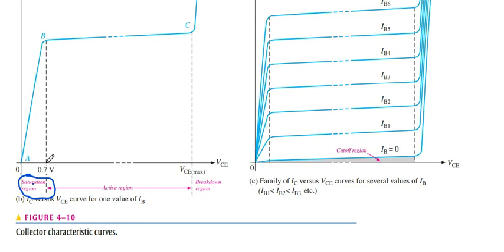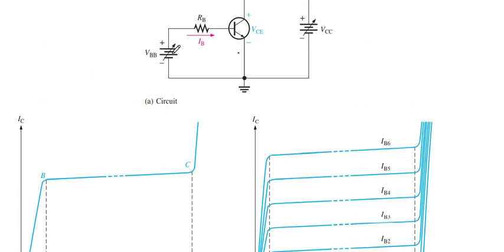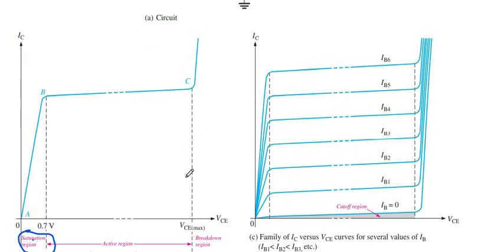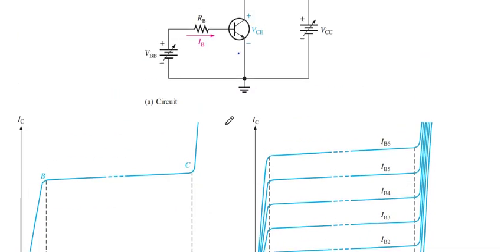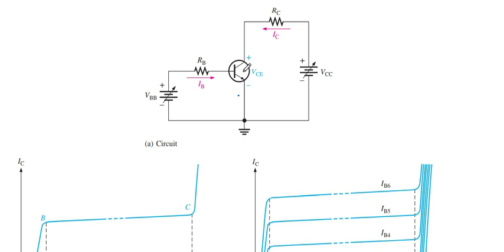We operate the transistor from B to C. This is our active region where we use the transistor mostly. When we increase VCC very high, then the transistor goes to the breakdown region, which breaks the depletion region and everything of the transistor, and very high current passes through the transistor from VCE.